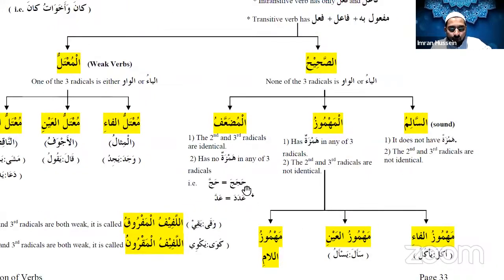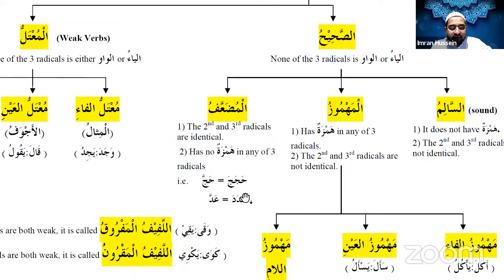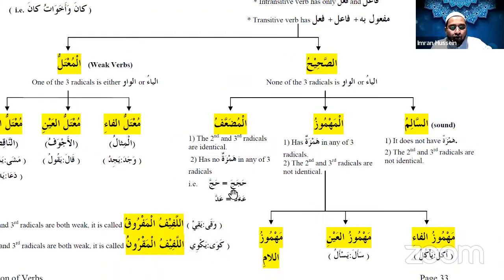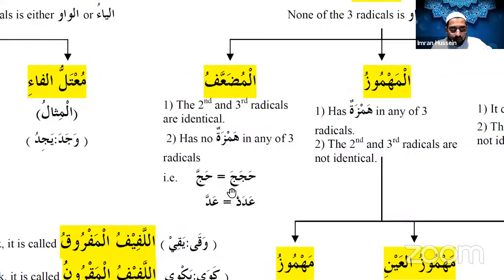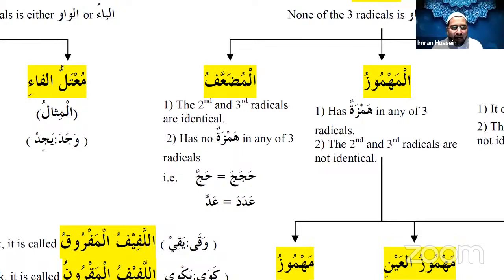Whenever there are two identical letters, like ha, ja, ja. How many identical letters do we have? Jim. Exactly. So whenever there are two identical letters in the second and third radical, normally we put a shadda.